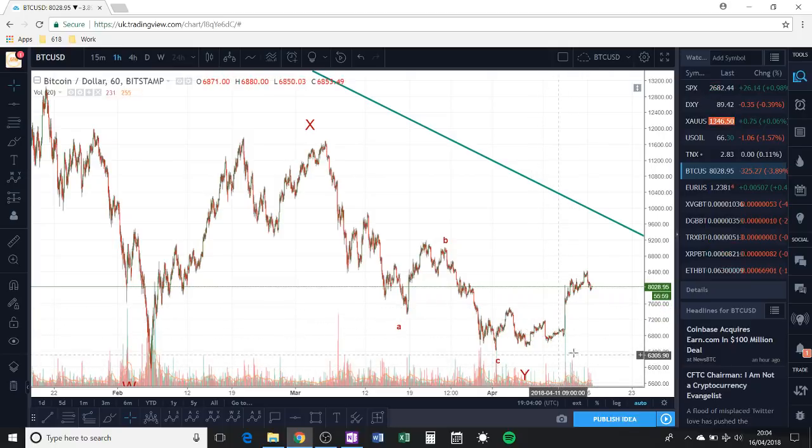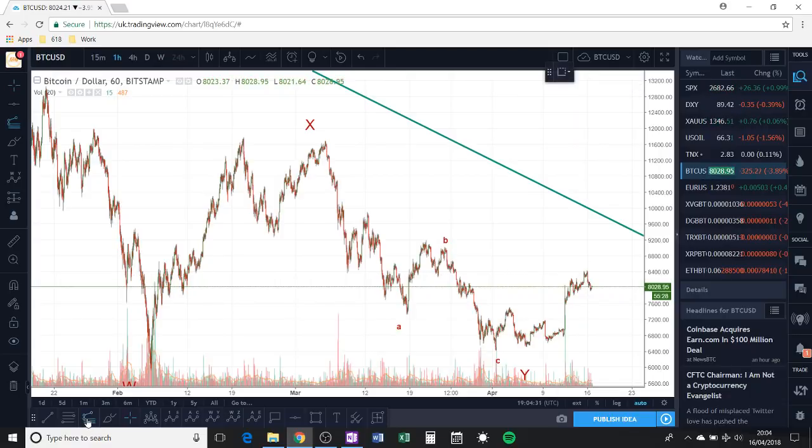So what we can see now is, first of all, I don't think it's an A, B, C, because this doesn't look like 5 waves up. I wouldn't call that A. You could call it a W, X, Y, in which case W is 3 legs up, X is a triangle, so A, B, C, D, E, and then we need another 3 legs up, which you can argue have finished.